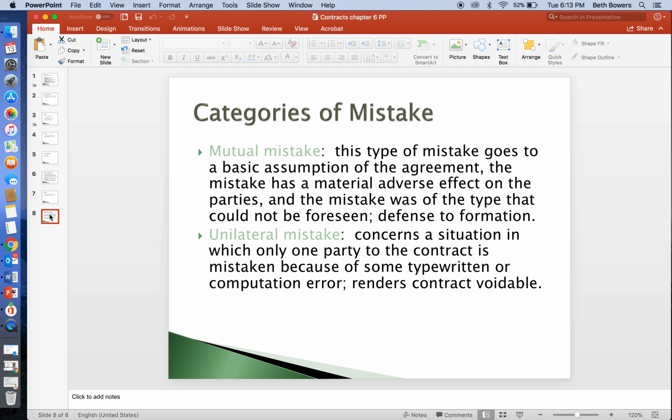Later, Lindsay discovers the stone is a blue quartz, so she wants her money back, claiming she was mistaken as to the object of the contract. Now, Lindsay was mistaken. She thought it was something more valuable than it was.